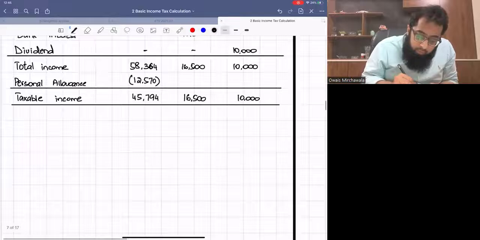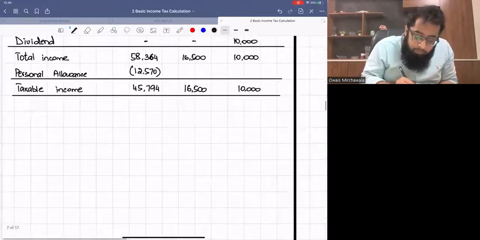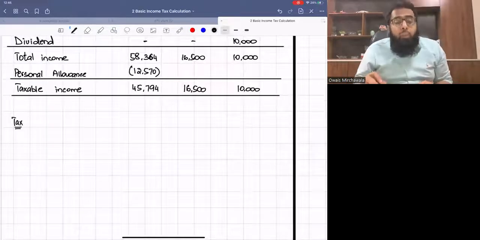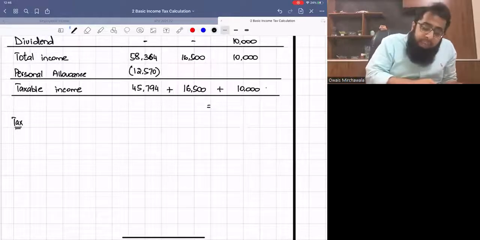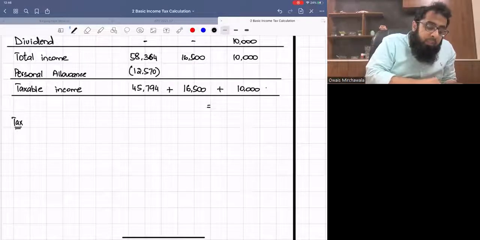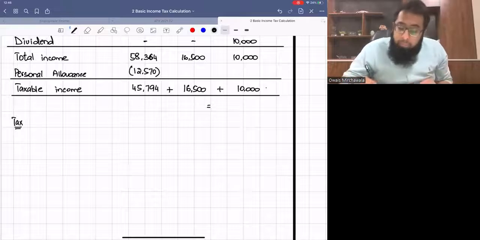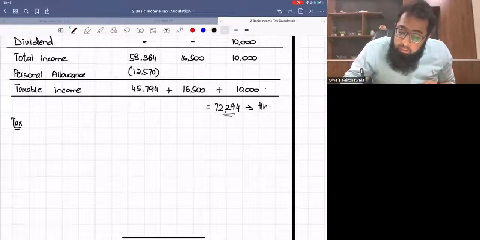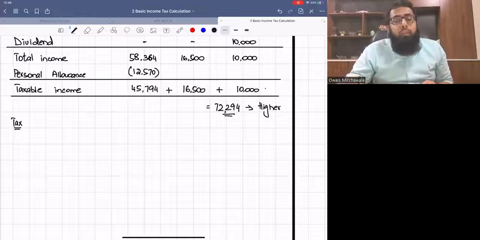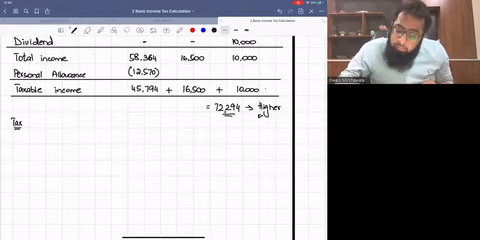Now we will apply tax on it. In order to determine the 0% band of saving income, we will add all of the taxable income, which is 72,294. This shows that we are a higher rate taxpayer on total.